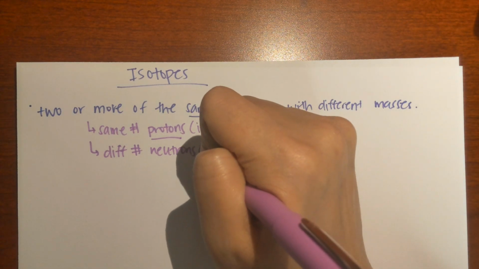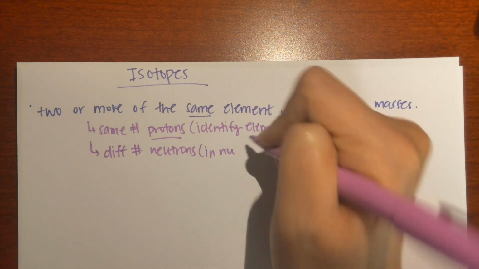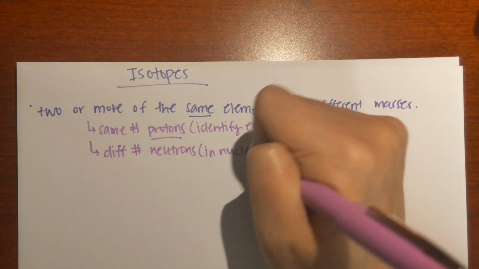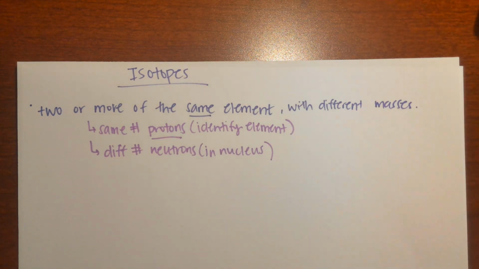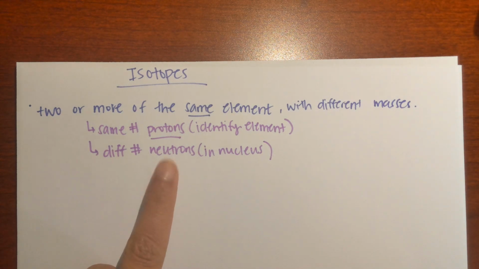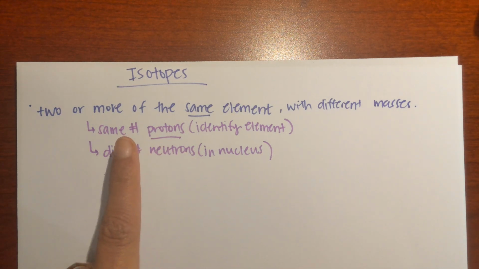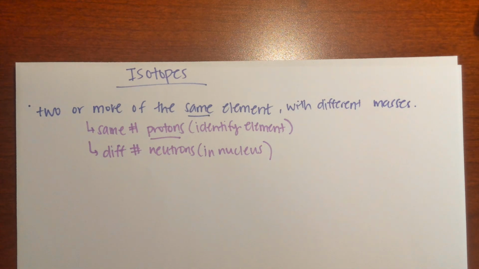So neutrons are in the nucleus as well as the protons. And neutrons can vary, so that basically differentiates the different isotopes of elements. Alright, so think of it as different versions of elements.